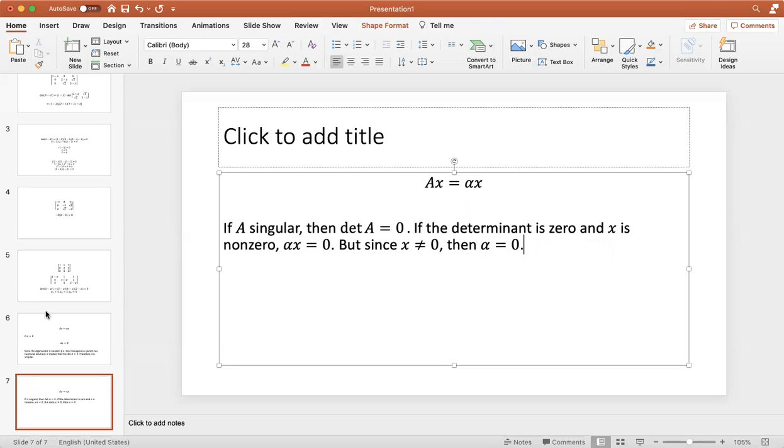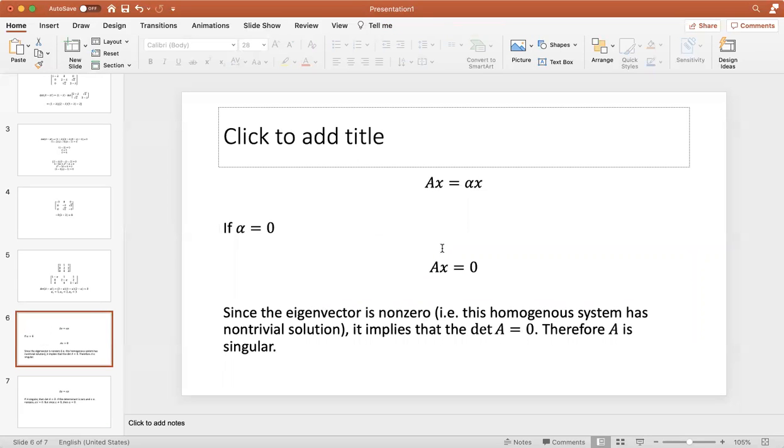So we just reversed it. In the first part, I first set the eigenvalue to 0, and this gives us a straightforward proof that if alpha is 0, then of course this will be a homogeneous system. It becomes a homogeneous system, and since the eigenvector is supposed to be non-zero, then the determinant of A must be 0.